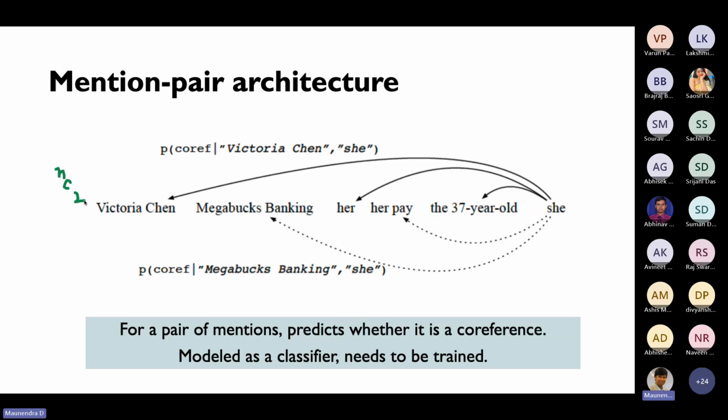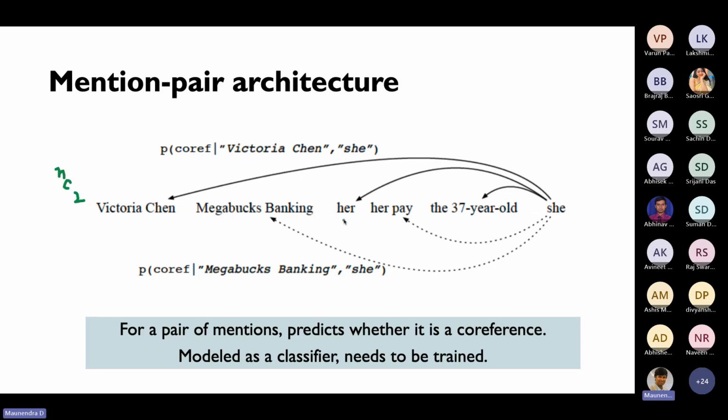So for each of these NC2 pairs, it tries to predict whether there is a coreference structure between them or not. In this example, suppose you have Victoria Chain and she. According to ground truth, this is a coreference, so the algorithm will try to give a high value for this probability.